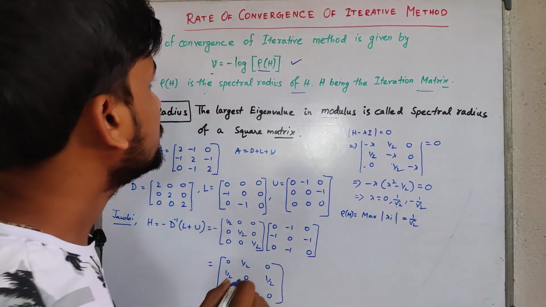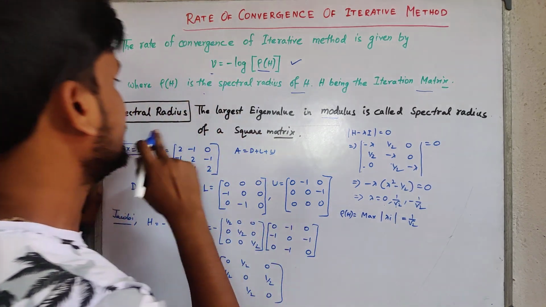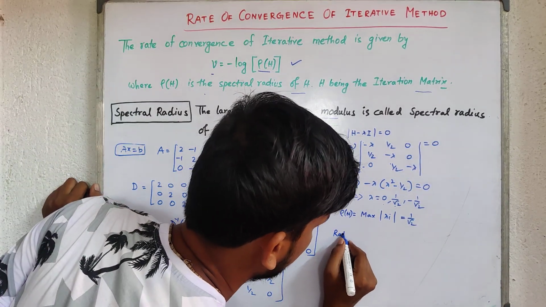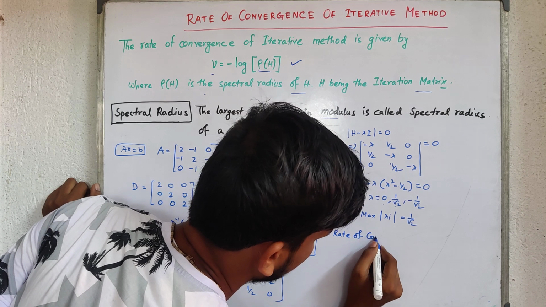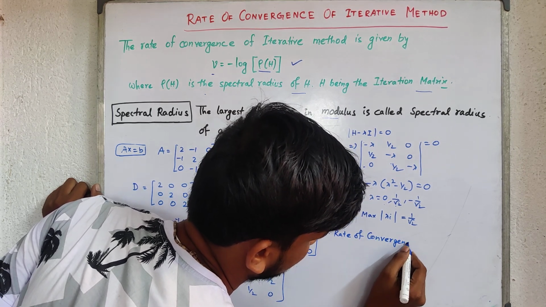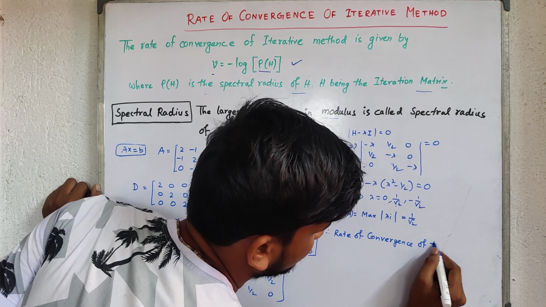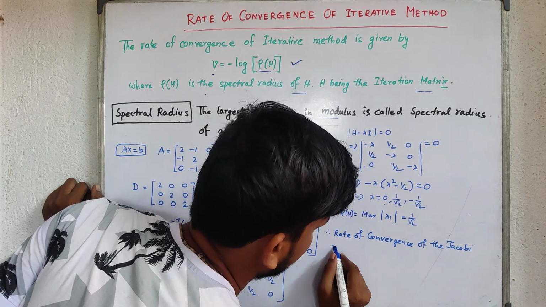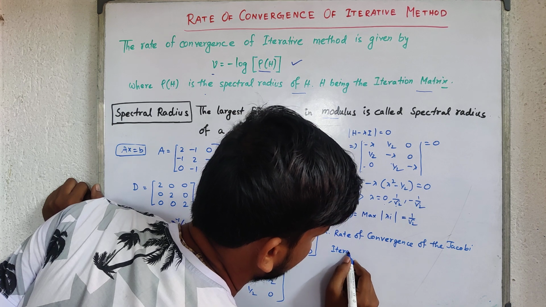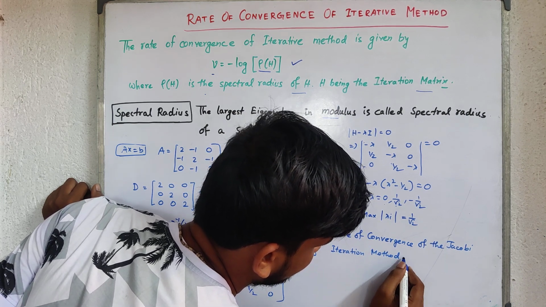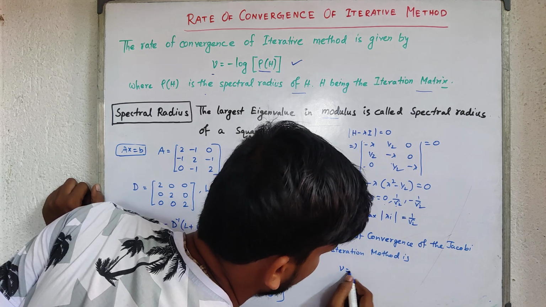Now the rate of convergence of the Jacobi iteration method for Ax equal to b, where H is given, is v equal to what?